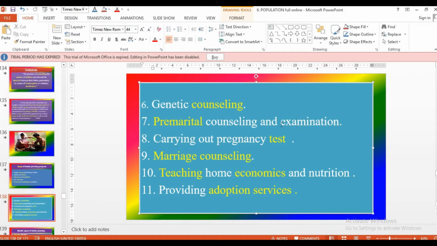Also, examination is another area, physical examination. Some husband or wife may be physically not fit for a sexual relationship due to physical factors.